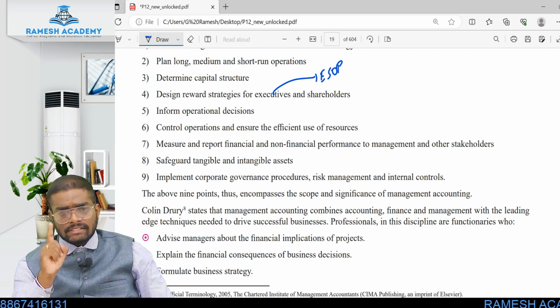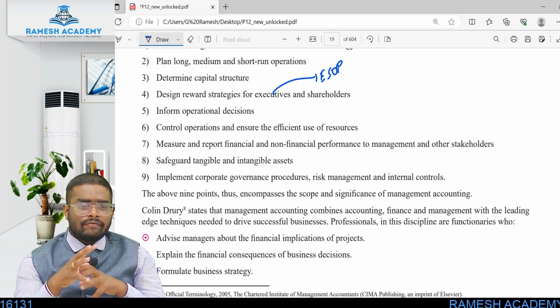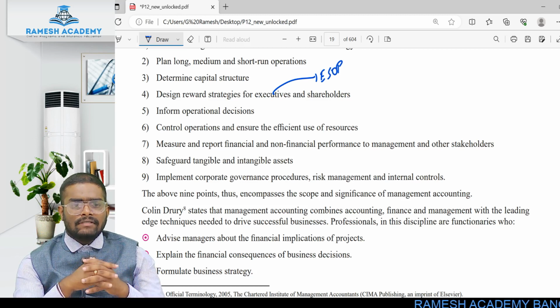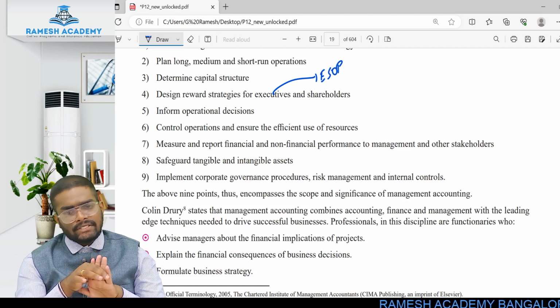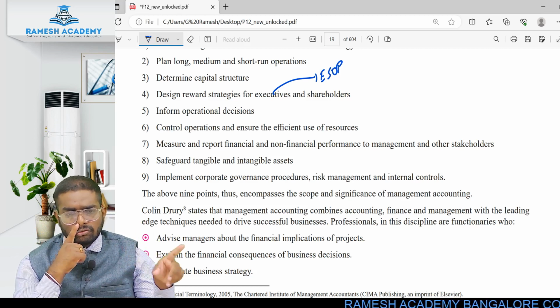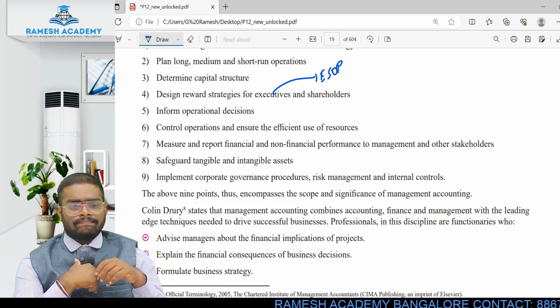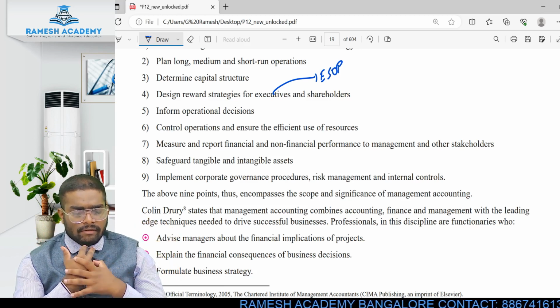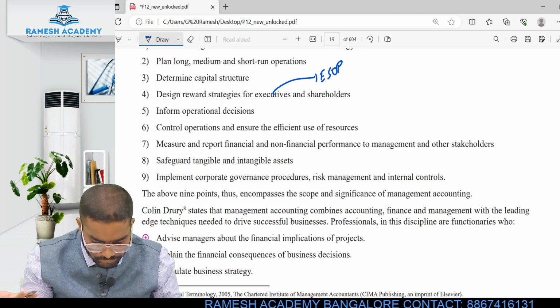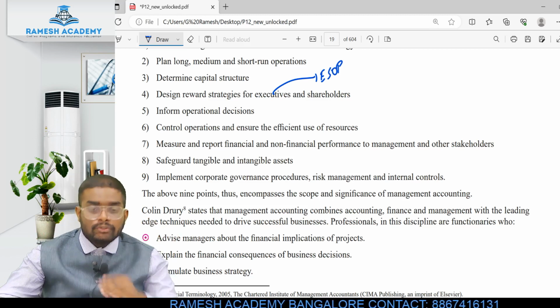So this is a kind of profit to the company. So the purchase department is doing good because they are purchasing goods of same quality at lesser price. It is good for the company, no? That's the reason. Next, we have efficient use of resources.